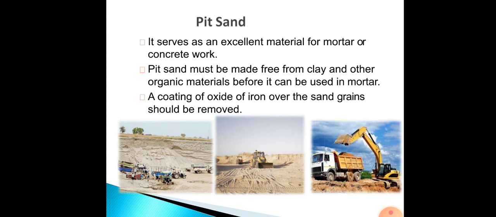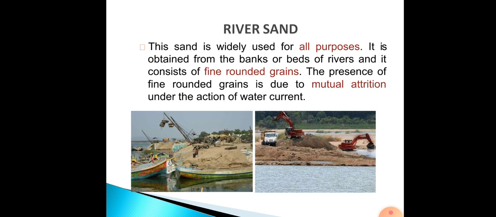And the other desirable properties are that the pit sand must be free from any other material like clay or any other organic matter, and this should be ensured before it is used in mortar. Then a coating of oxide of iron over the sand grains also, if at all it is there, we have to remove it. So that's about pit sand.